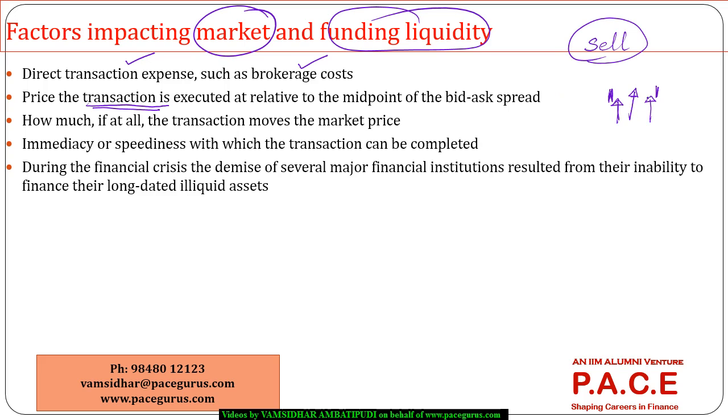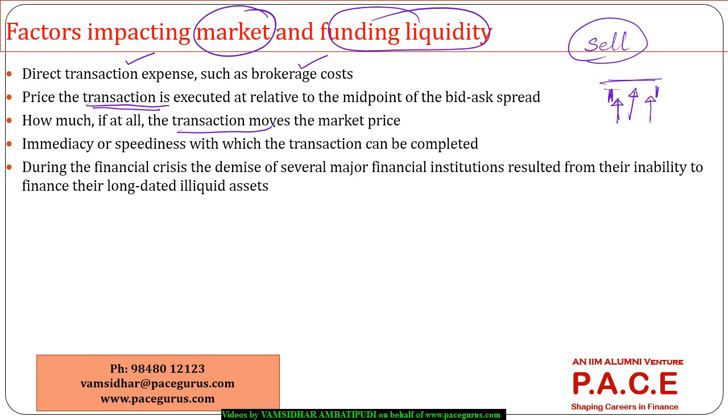So the closer the transaction is executed to the midpoint of these two, the more I can associate it with liquidity. Now that is one more factor that is driving the liquidity.